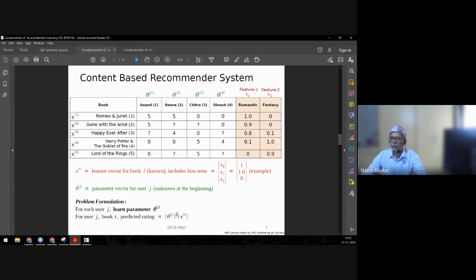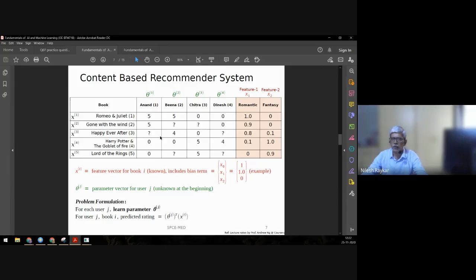So theta transpose, the user parameter vector transpose, times the feature vector for any pair, the jth user and ith book or movie, gives you the rating for that particular cell. The model tries to minimize the error in prediction by optimizing the values of theta.